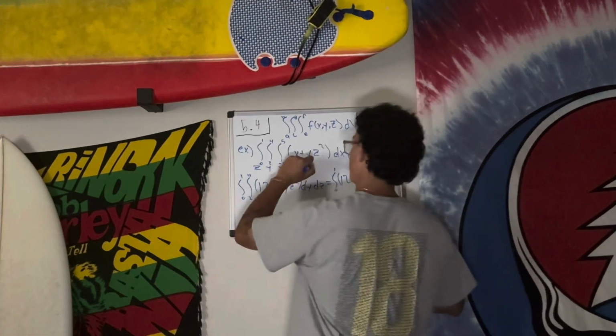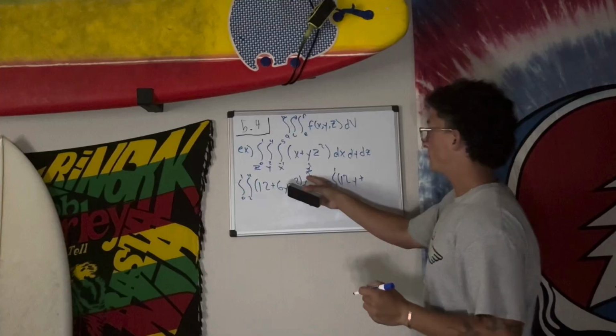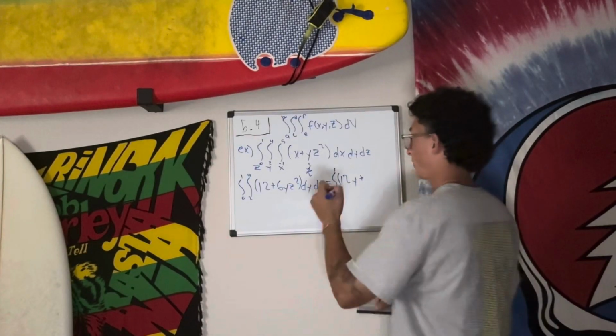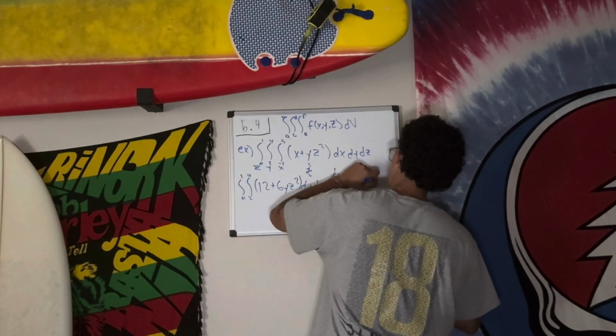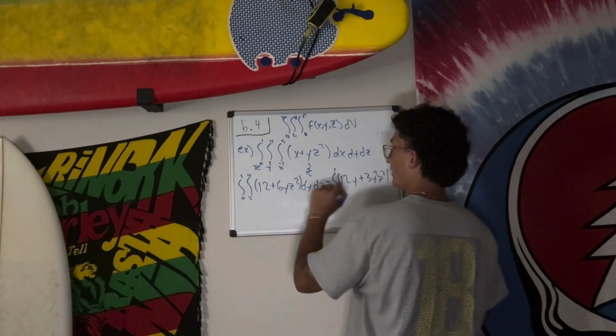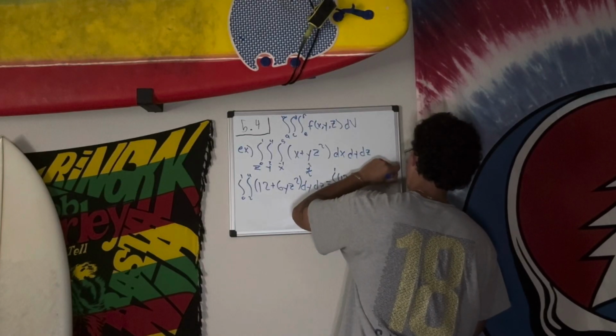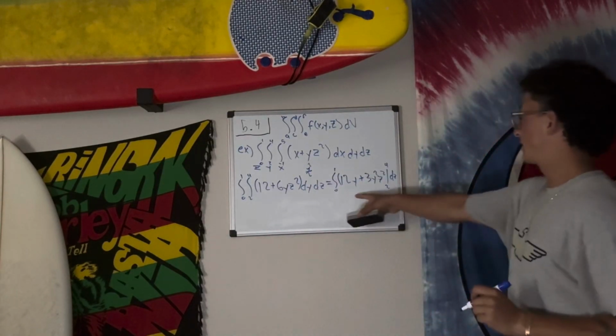So I'll write this up here just so we can visualize it. Y squared over 2. And this 2 can reduce this 6, so we will end up with 3y squared z squared from 2 to 4 dz, okay? So this is what we're left with.